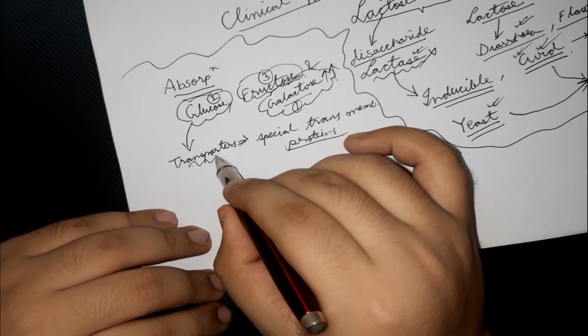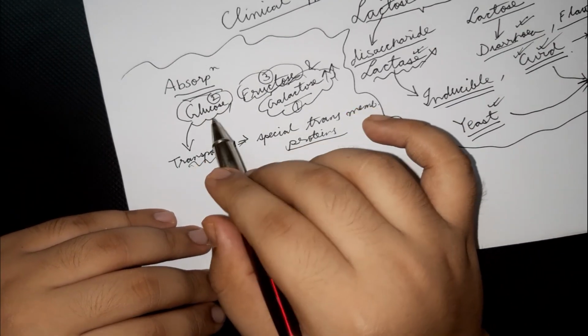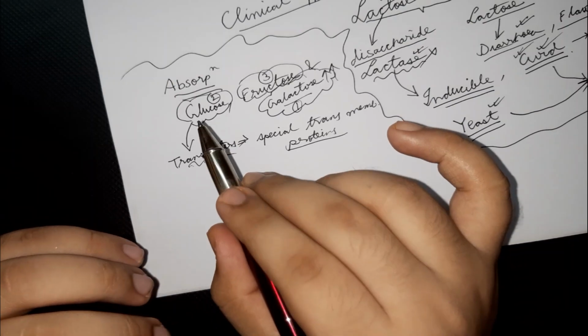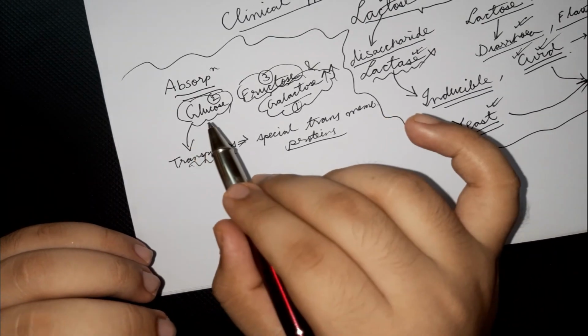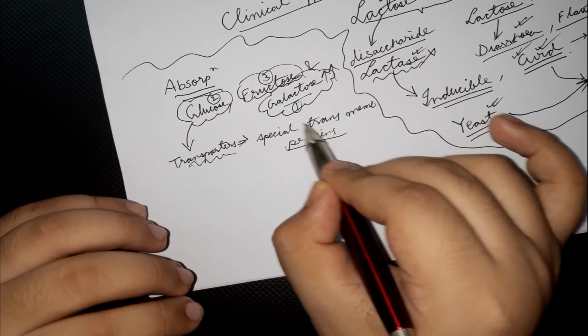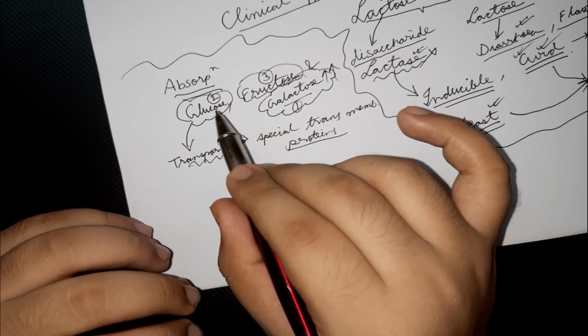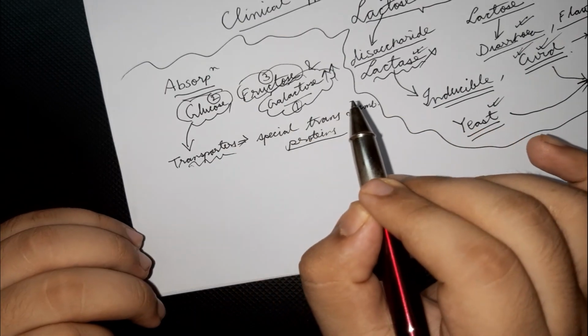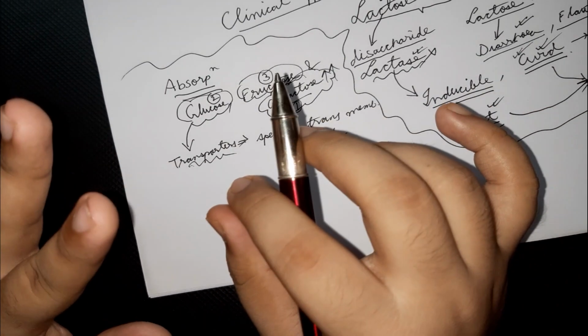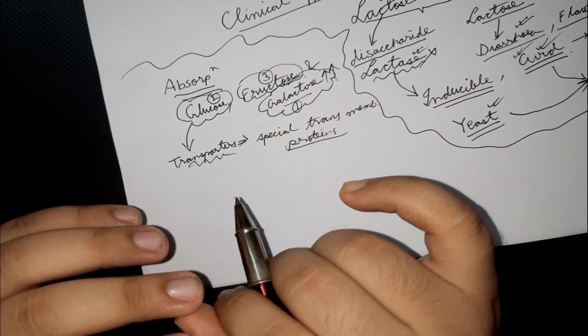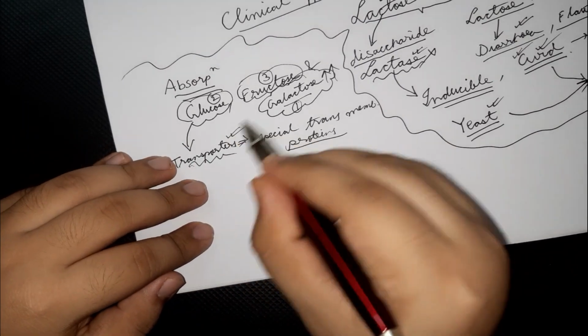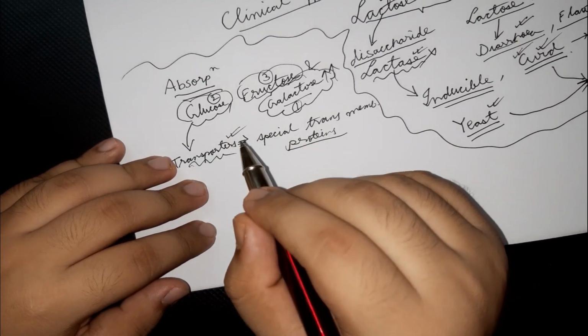So transporters, as far as glucose is concerned, glucose has these very specific transmembrane proteins which will transport glucose from the intestinal lumen to the inside of the intestinal cells. That is the job of these transporters, right?